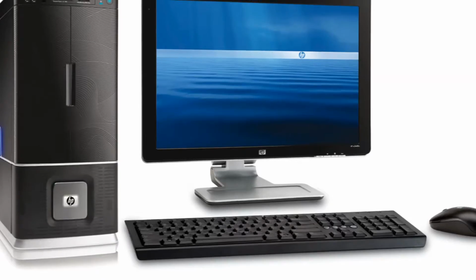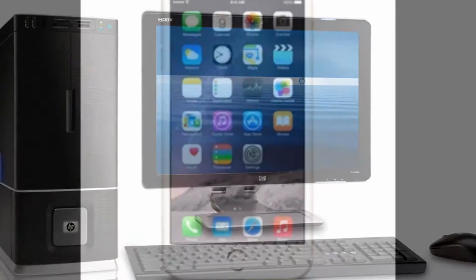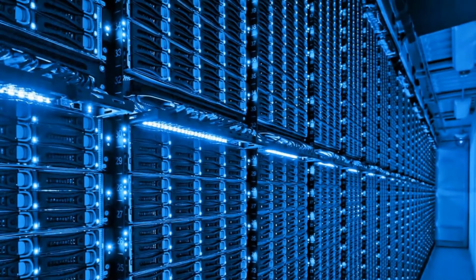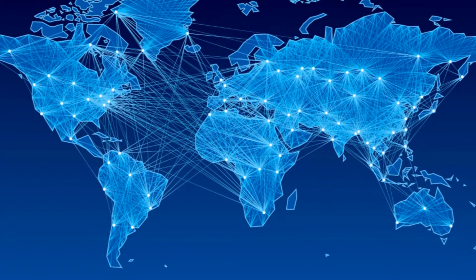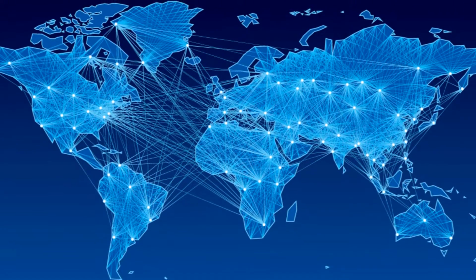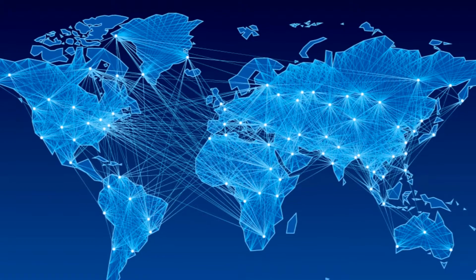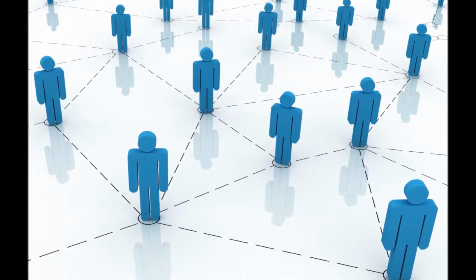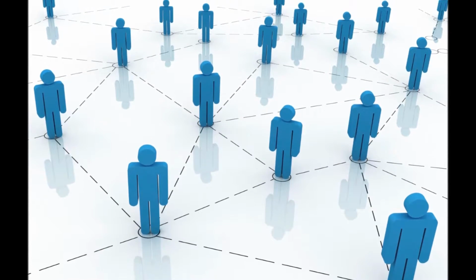Nodes can include hosts such as personal computers, phones, servers, etc. Computer networks differ in the transmission media used to carry their signals, the communications protocols to organize network traffic, the network size, and the topology.